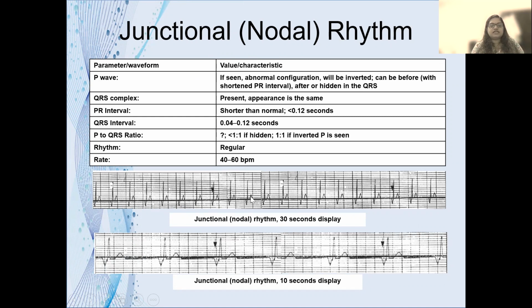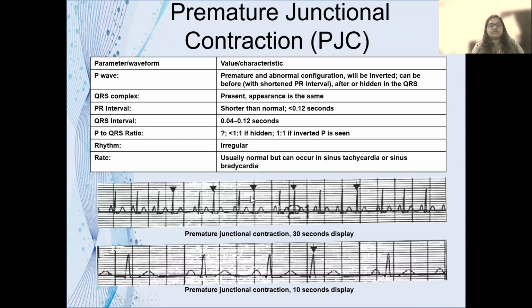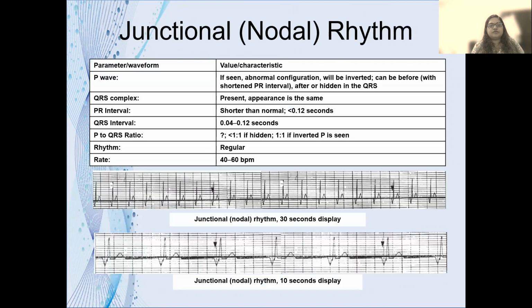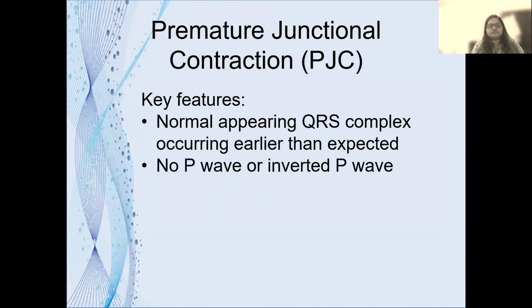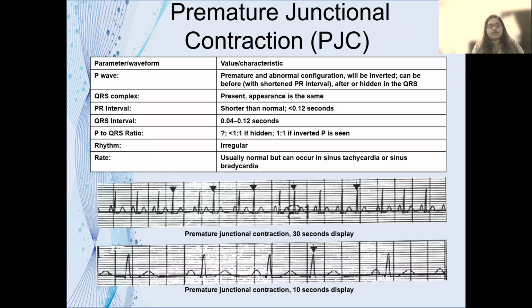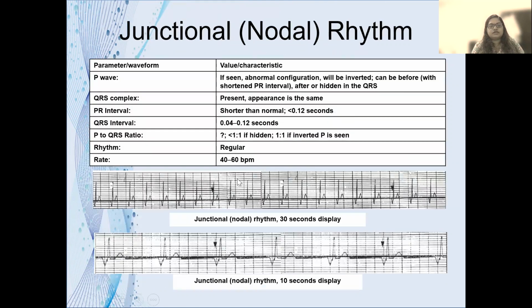So you can see the rhythm is slower than the previous ECG, right? Here, premature junctional contraction, you had tachycardia, but here you have a slower rate. Here also the rate is not that high. So here you have a slower rate, and the P wave is not very clear.